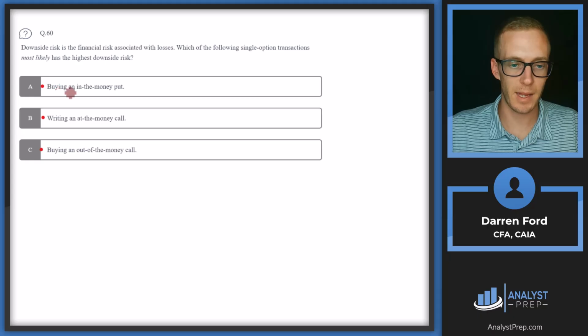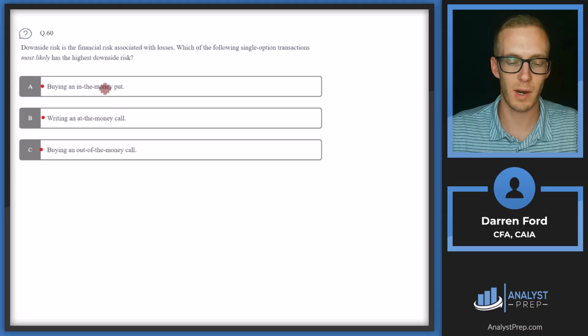In the case of buying, our downside is going to be limited to the premium that we pay. If we buy a put and the price doesn't fall enough for us to exercise, then we're just out the money that we paid in premium. Same thing on the call. So I think we can go ahead and rule those out.